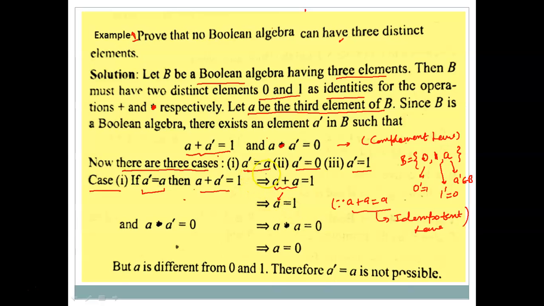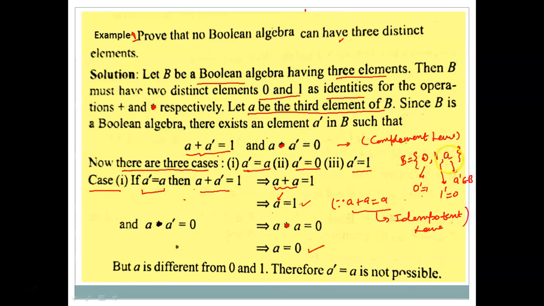But you have considered that A is distinct from 0 and 1, and here you are getting that A equals 1, and A dot A complement is also 0, then A dot A is 0, that means A equals 0. So if we assume this situation that A complement is equal to A, then we are getting that either A will be equal to 1 or A will be equal to 0.